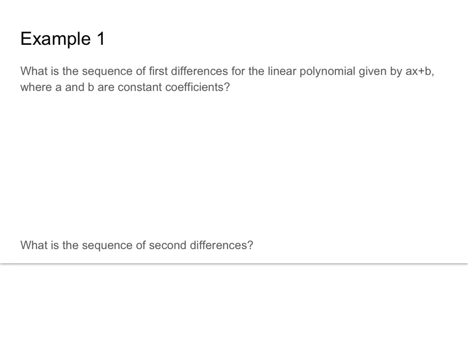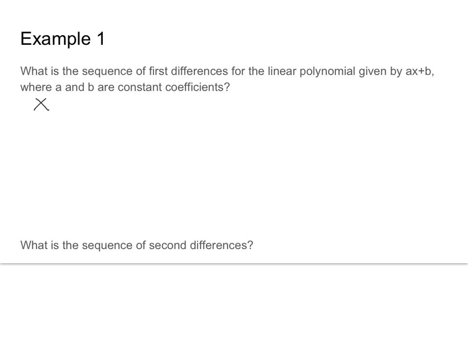Okay, so let's look at an example. The first example in your classwork is, what is the sequence of first differences for the linear polynomial given by ax plus b, where a and b are constant coefficients? I'm going to set up a really simple table for us to start through this one.